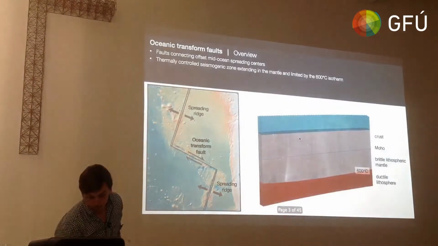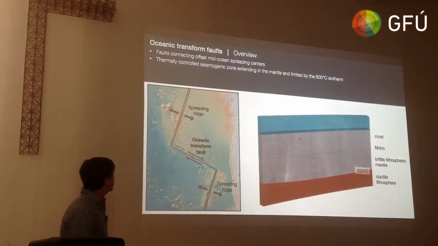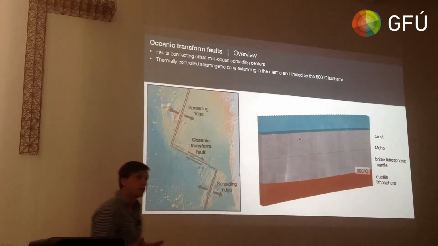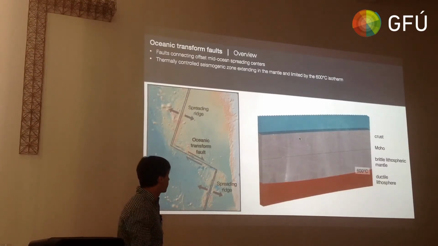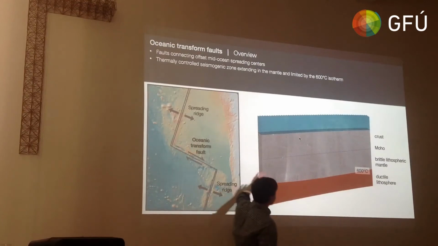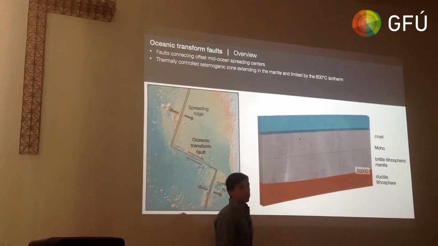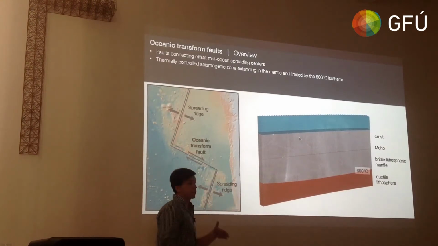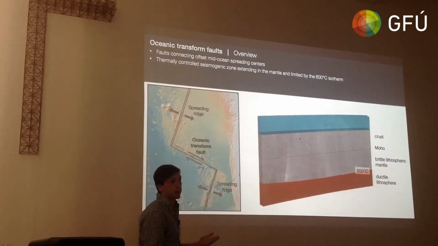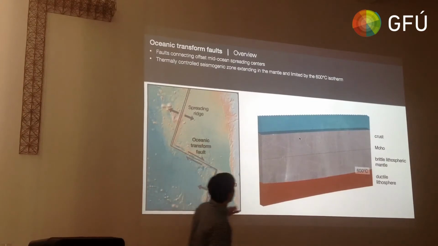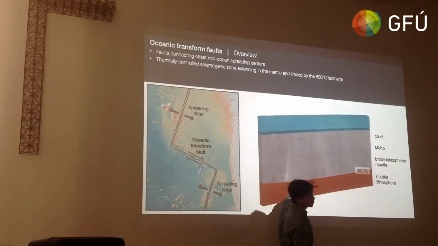So why we study them is because they are very special for several reasons. First of all, this is kind of a section, a long-strike section, or an image of a fault. The seismogenic slip is commonly limited by a 600 degrees isotherm, which commonly extends down to the mantle.